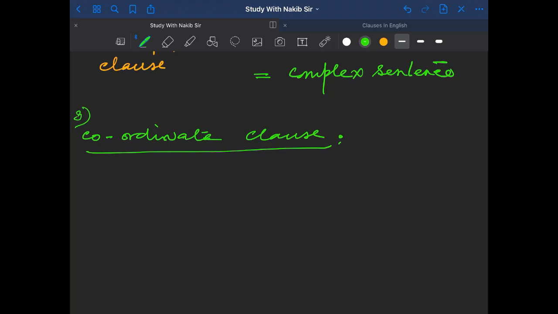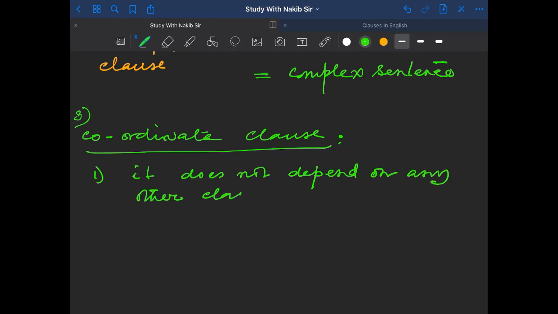Number one, it does not depend on any other clause for its meaning.